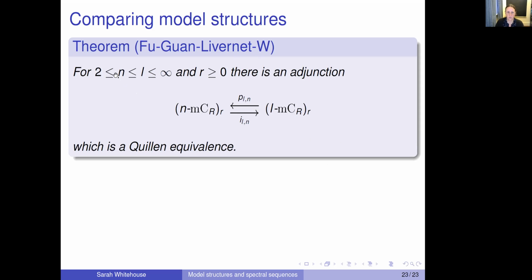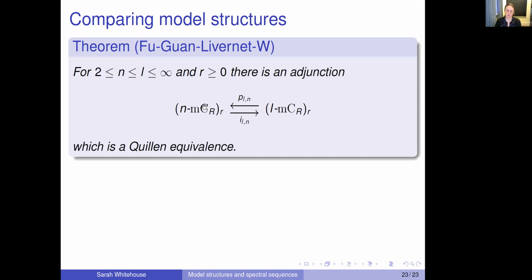We've given ourselves an n and an L now, between 2 and infinity, and we're comparing the category of n multi-complexes with the category of L multi-complexes. So different stages in the structure, varying the n. And we're fixing the R, so the stage of the spectral sequence is fixed.